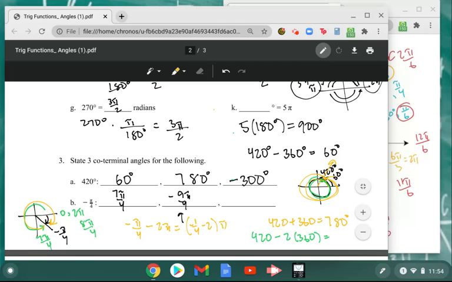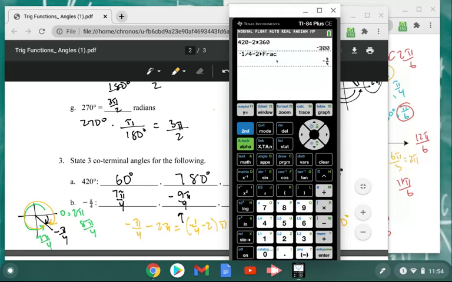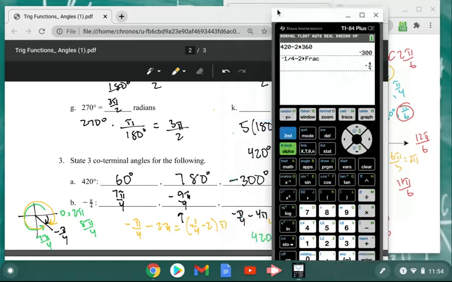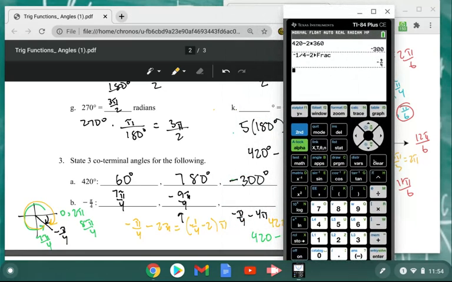And then let's do another one. We subtracted 2 pi. Let's subtract 4 pi this time. So another one would be negative pi fourths minus 4 pi, minus 2 rotations. There are infinitely many answers to these. So this time I just want the negative 1/4, ignoring the pi for now.